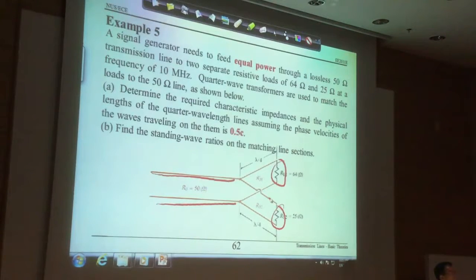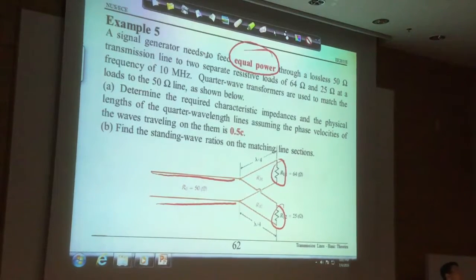However, the input impedances of the two antennas are different. One input impedance is 64 ohm, another is 25 ohm. Now, bear in mind, it's equal power distribution.